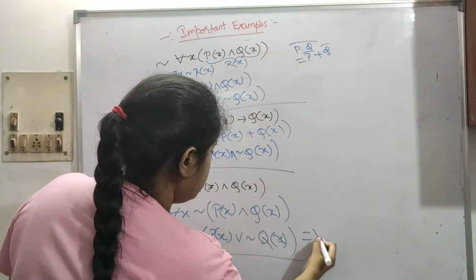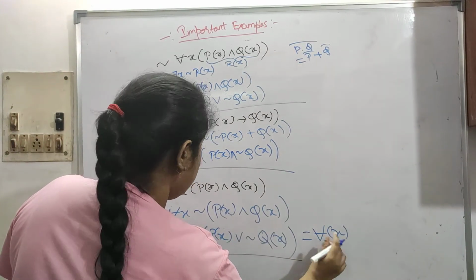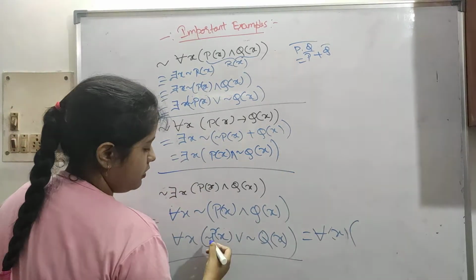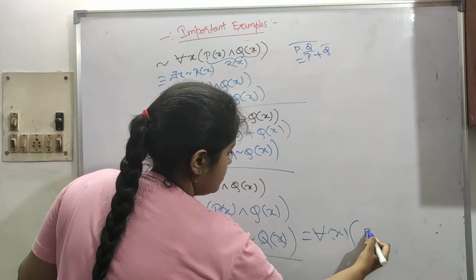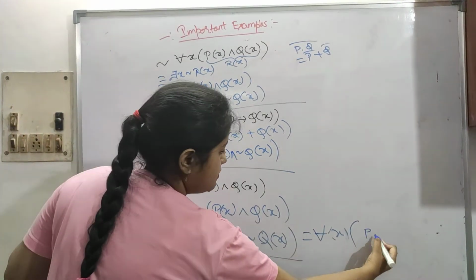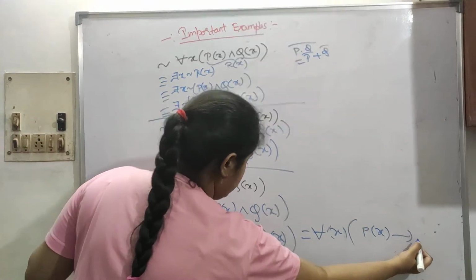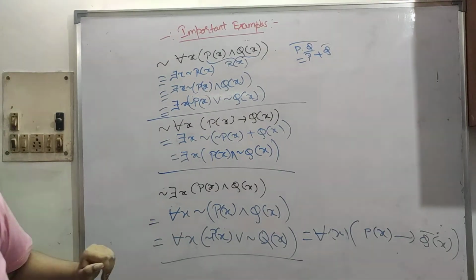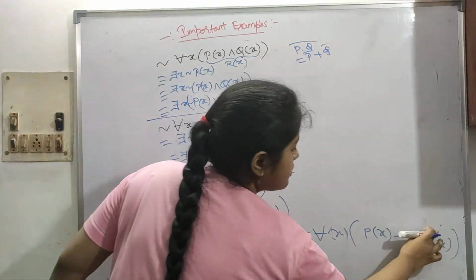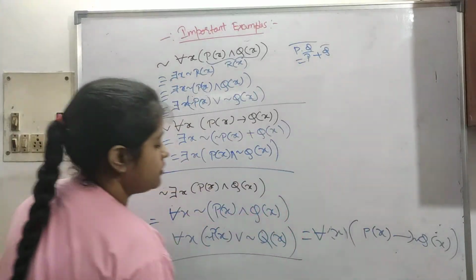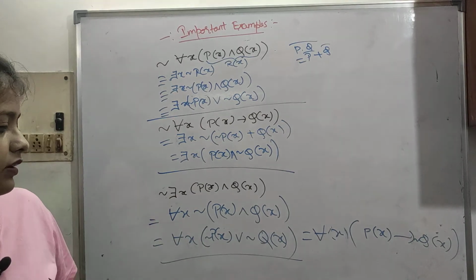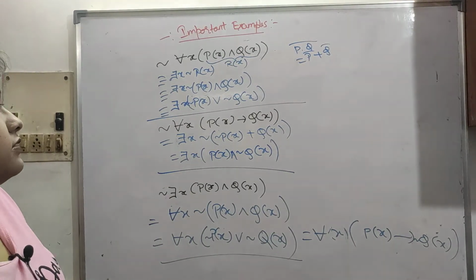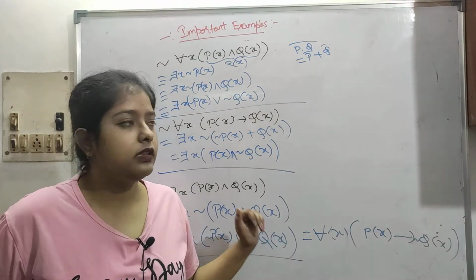This can be changed again to for all x, P complementation, negation of P. So this is P(x) arrow Q bar(x). Since P bar or Q bar, negation of Q bar, this is actually implication only. I hope this is understandable. This is very easy, and we will use all this in our questions.